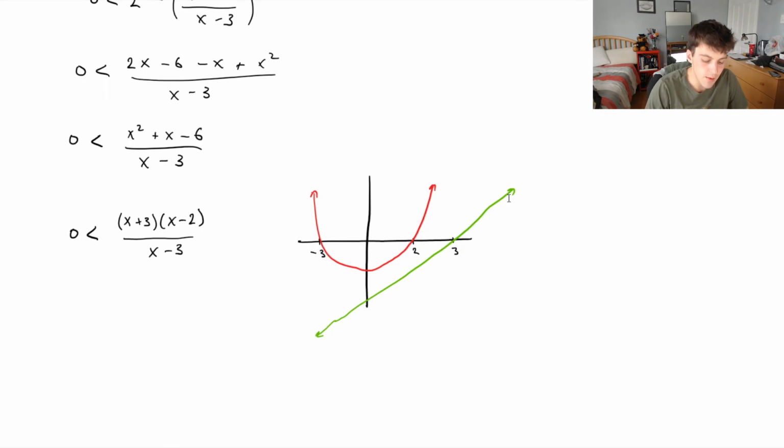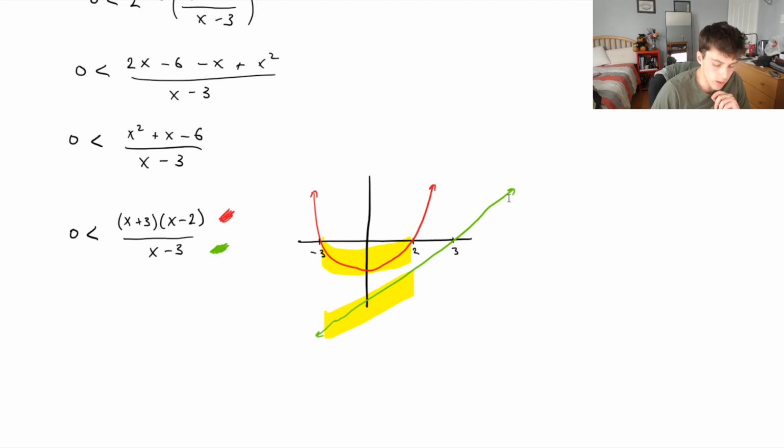Okay, and remember what we said earlier. This red function represents the numerator. The green function represents the denominator. So they both need to be either negative or both positive to satisfy the inequality. So we've got two regions that satisfy the inequality here. You can see that they're both negative on this region from -3 to 2.